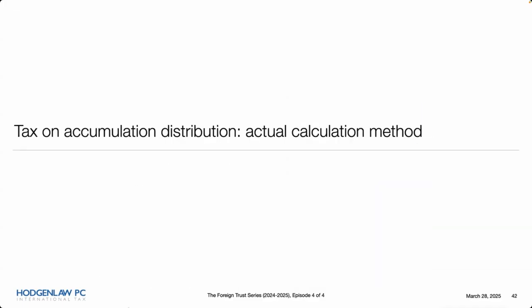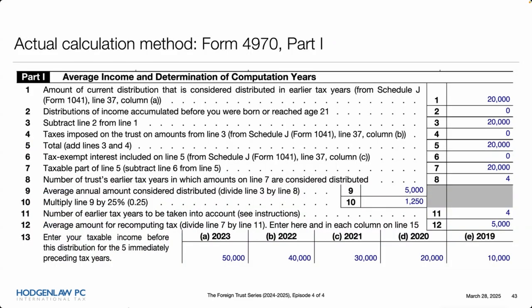Now let's do the same thing a little bit quicker with the actual calculation method. Same thing, the only thing different here is that we're starting off on line 1 with $20,000 instead of $125,000, because you remember the foreign non-grantor trust beneficiary statement, upon which we can rely unless we know it's BS, said that the accumulation amount of that distribution is $20,000. We go down to line 8.